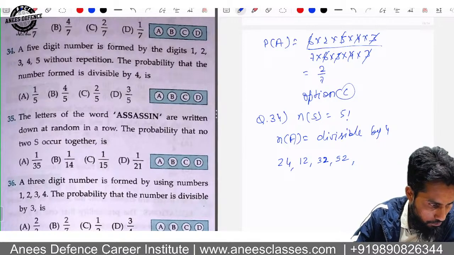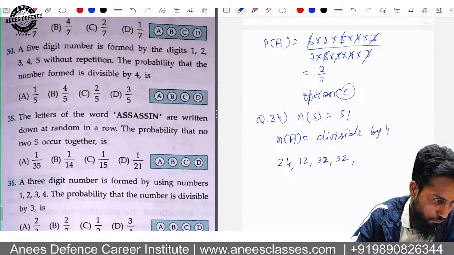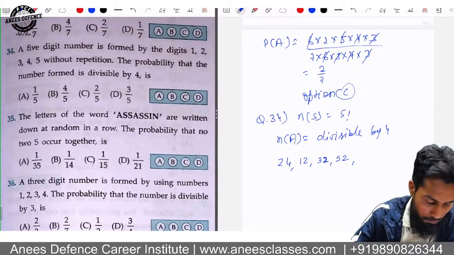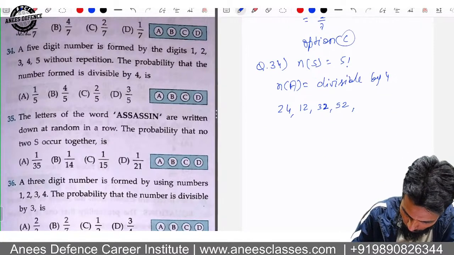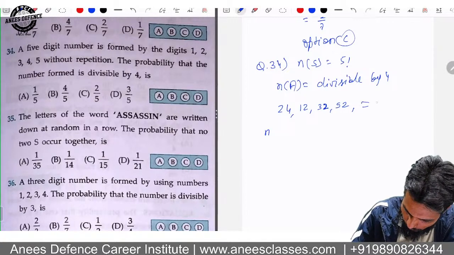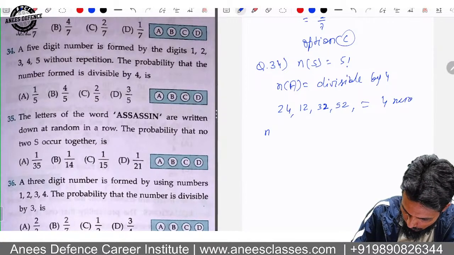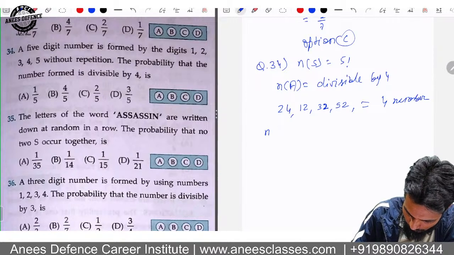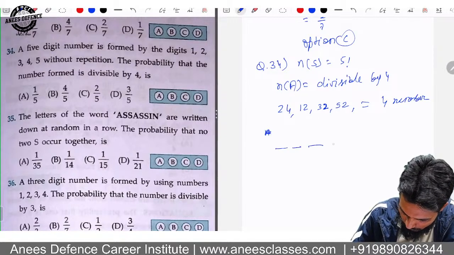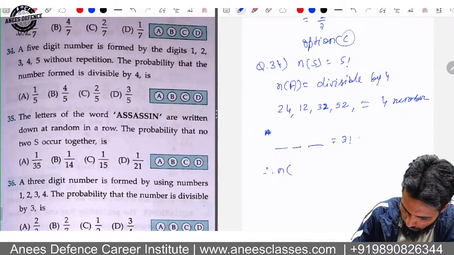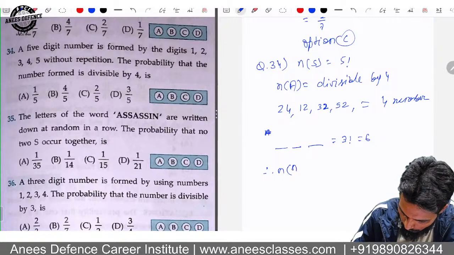So the remaining you have to make 5-digit numbers. Still 3 places remain, and these 3 places will be filled with the remaining 3 digits. That will be 3 factorial ways. So 5 into 6, that is 30.